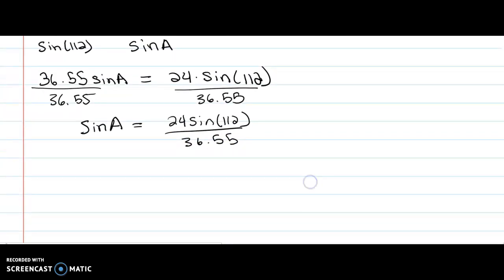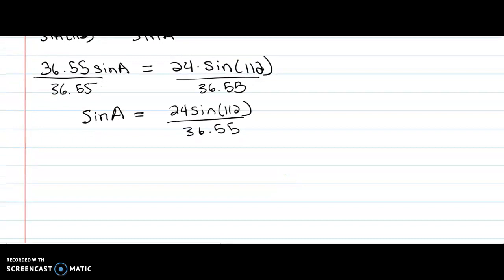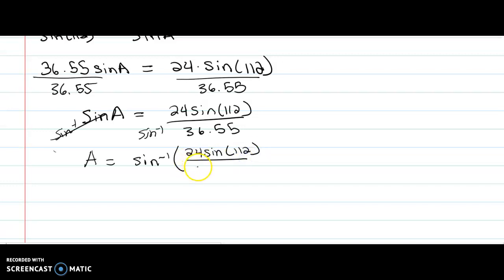Okay, now A is still not by itself. So to get A by itself, remember I want to undo that sine. So I use the inverse of sine on both sides. That gets rid of that. So now I have A is equal to the inverse of sine of 24 times sine of 112 over 36.55.